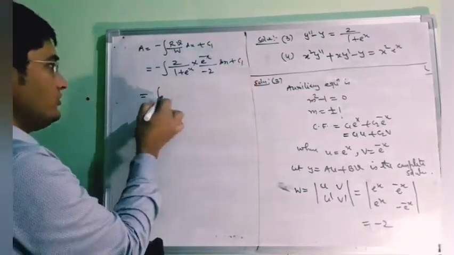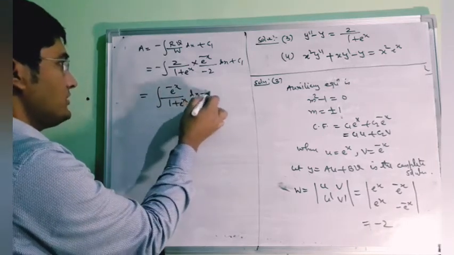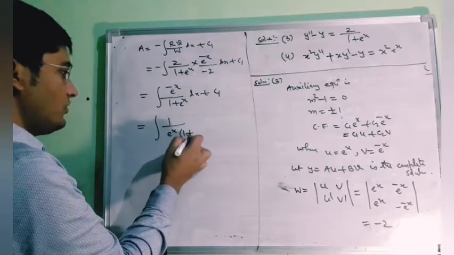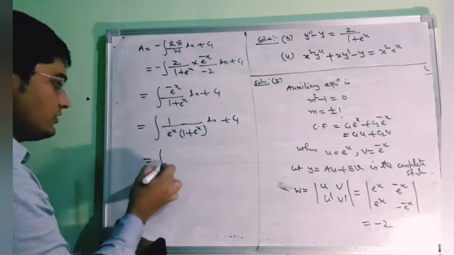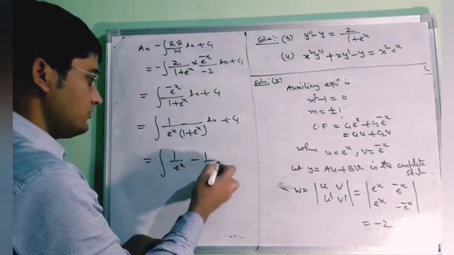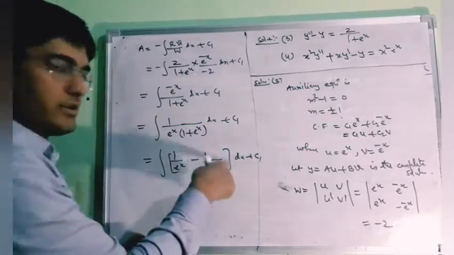So this is equal to integration of e to the power minus x upon 1 plus e to the power x dx plus c1. And we can write it as 1 upon e to the power x into 1 plus e to the power x dx plus c1. So this is equal to 1 upon e to the power x minus 1 upon 1 plus e to the power x. We have done partial fraction here.